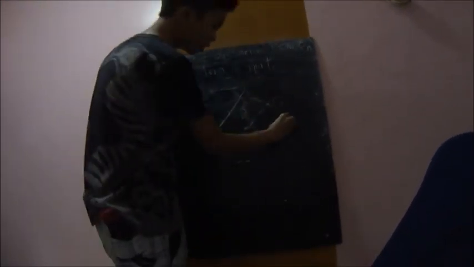That is the chord. And the next is the tangent line. A tangent line has only one point situated in the circle, and the other is situated outside. And the point of tangency is the point F.